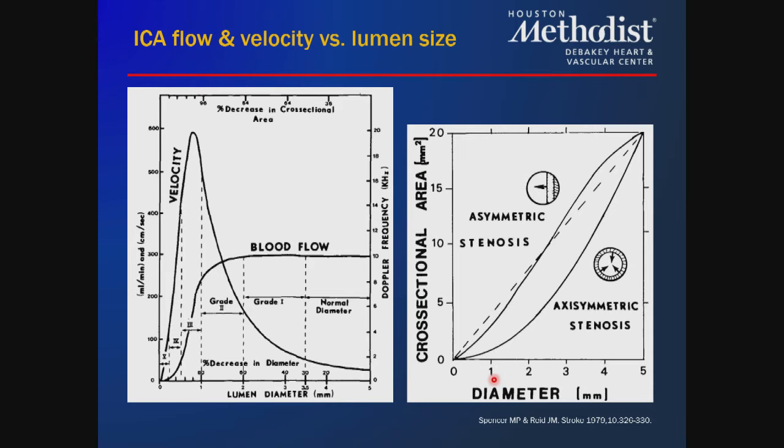Shown here is what happens with the overall cross-sectional area as plaque occurs, and as you get concentric, there's of course a more hyperbolic decrease in cross-sectional area versus a more linear decrease with eccentric stenoses as well.